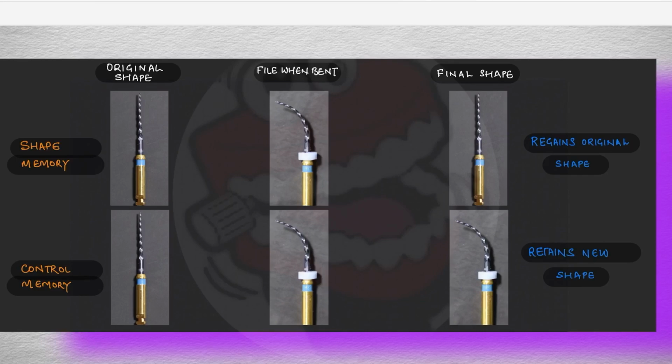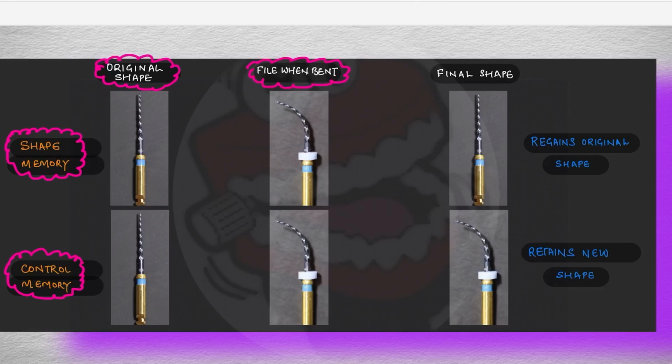Now let us talk about one of the most interesting things, which is the shape memory and the control memory. So there are two memories of the file, the shape memory and the control memory. Suppose we consider the original file that we get out of the box. It is in its original shape. Now we bend the file.